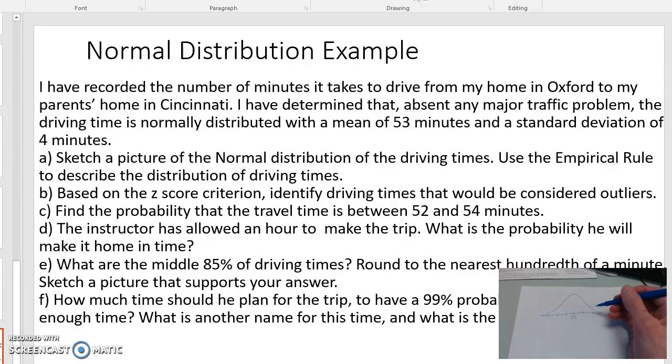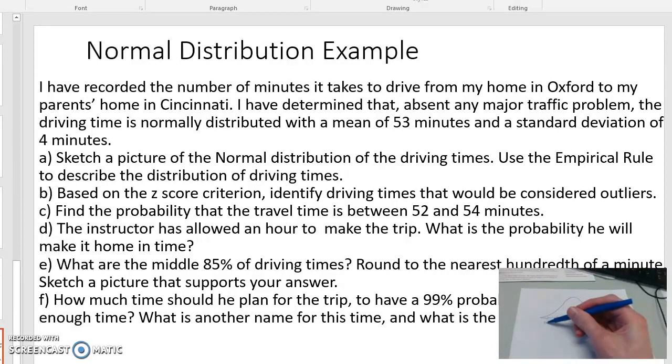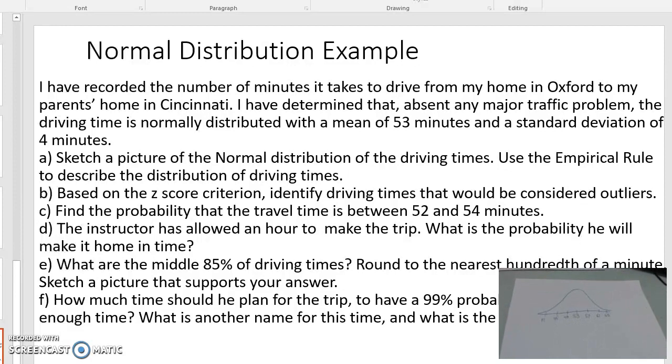So adding 4, I get 57, and then again I get 61, and a third time to get 65. And then subtracting 4, I get 49, 45, and 41. So this is the normal distribution.